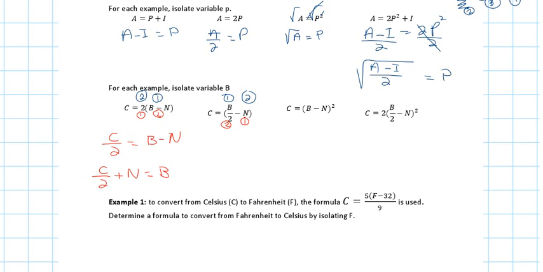Okay, so bring the negative n over, so it becomes plus n. Then multiply by 2. But because you're multiplying by 2, you have to put the c plus n in bracket because everything is multiplied by 2. Yes?